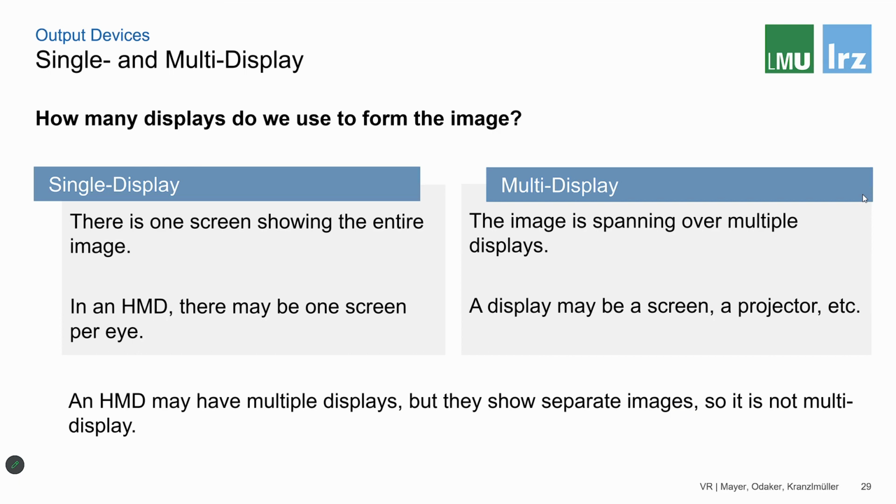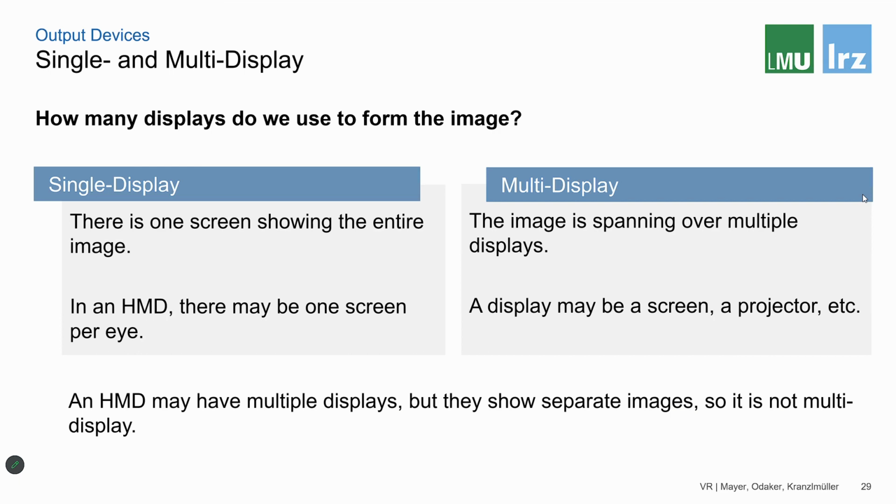In a single display device, you have one screen that is showing the entire image. And in a head-mounted display, you may also use two images to show the entire image. It's still basically the same approach. You have a display that shows the entire image.